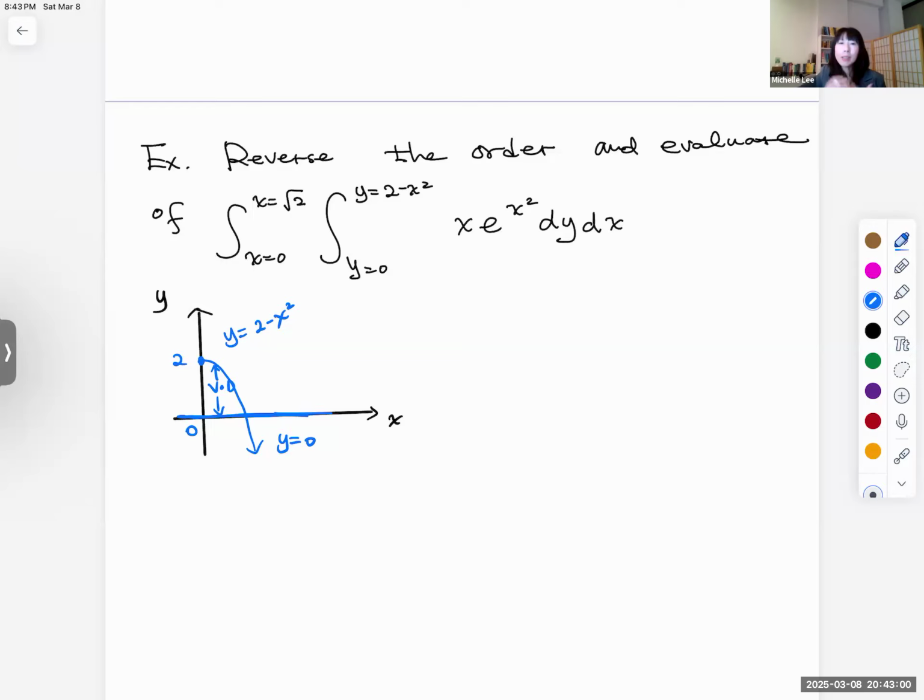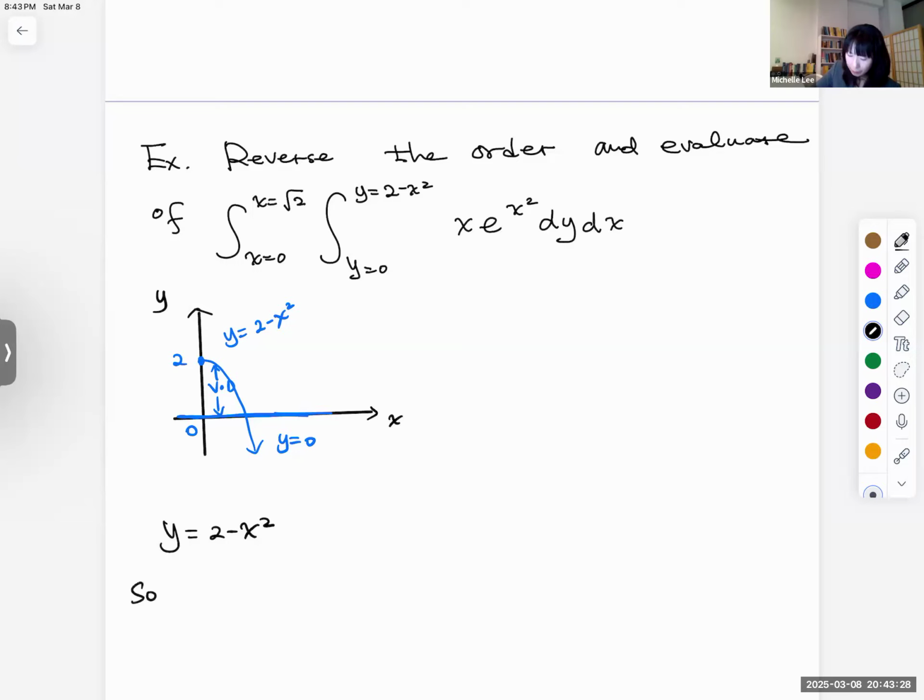Okay, now they ask us to change the order, right? So then we have to make a horizontal distance. So we have y equal to 2 minus x squared.